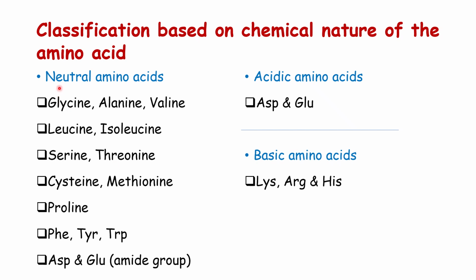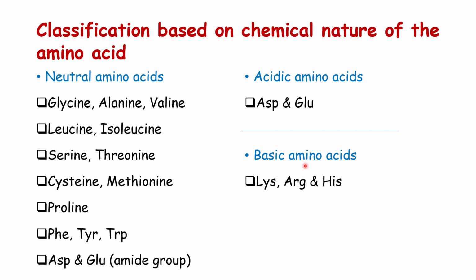Neutral amino acids: glycine, alanine, valine, leucine, isoleucine, serine, threonine, cysteine, methionine, proline, phenylalanine, tyrosine and tryptophan. Acidic amino acids: aspartic acid and glutamic acid.